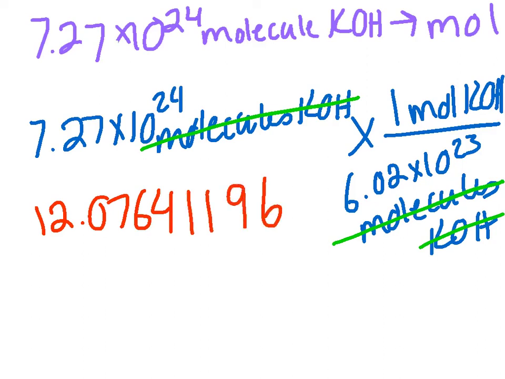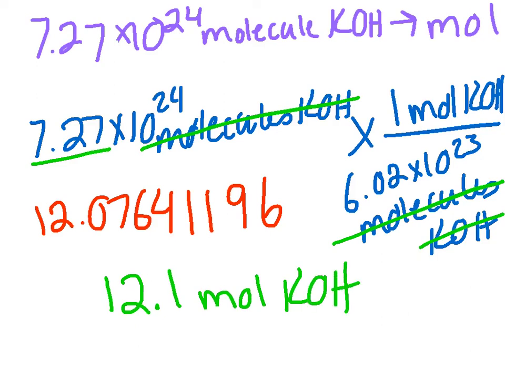Again, not the final answer because we haven't looked at sig figs and I didn't put a label on. Now our original number had 3 sig figs, so my final answer needs to have the same. So I'm going to have 12.1 and my label is moles of potassium hydroxide.